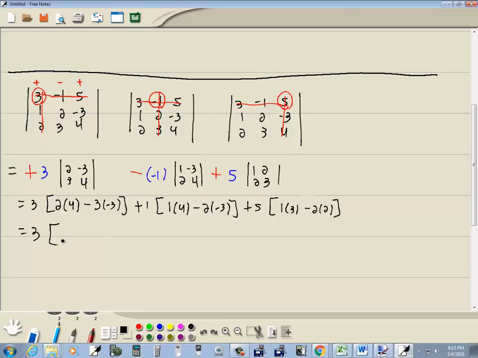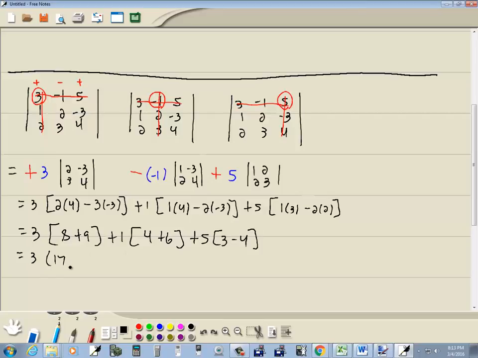Two times 4 is 8. Negative 3 times negative 3 is 9. 1 times 4 is 4. Negative 2 times negative 3 is 6. 1 times 3 is 3 minus 2 times 2, which is 4.